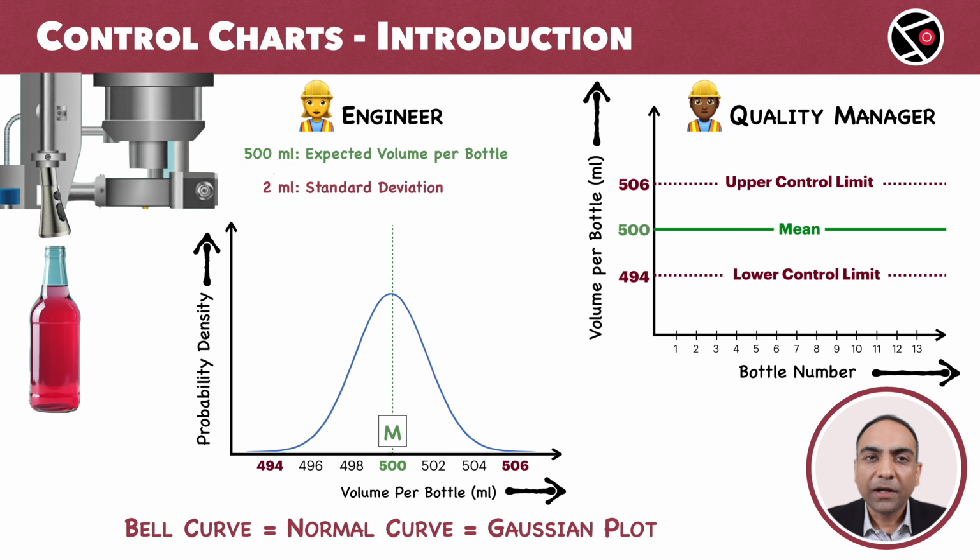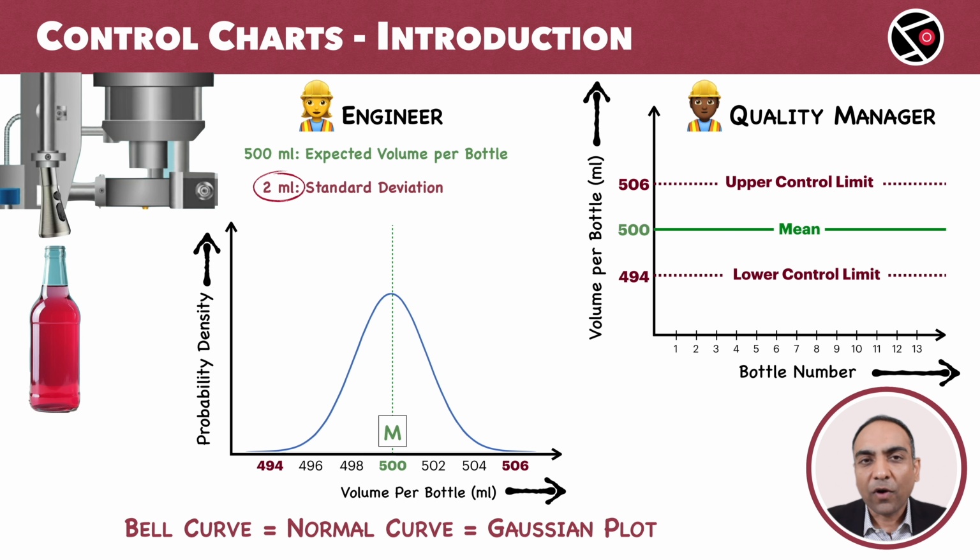She also presented this second number, 2 ml, as the standard deviation. Standard deviation, or sigma, is a measure of variability. A sigma of 2 ml gives us a range of plus minus 2 ml around 500 ml.